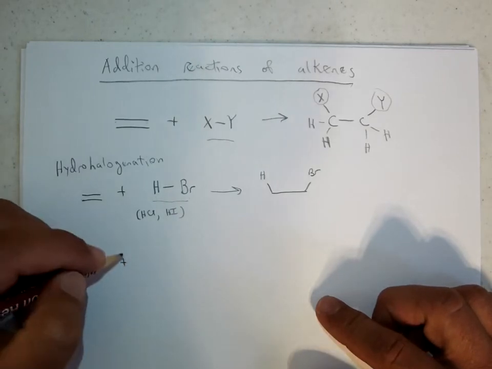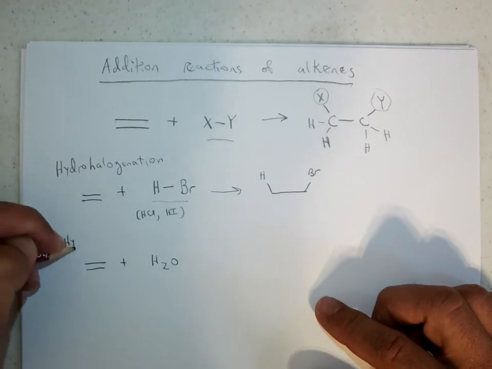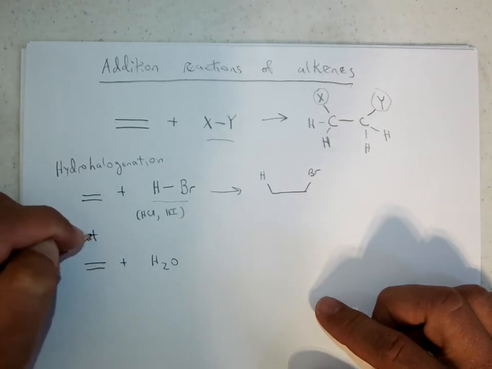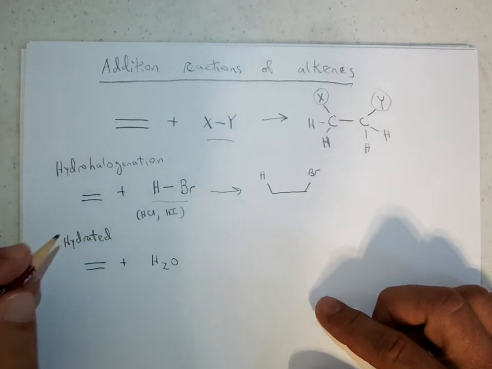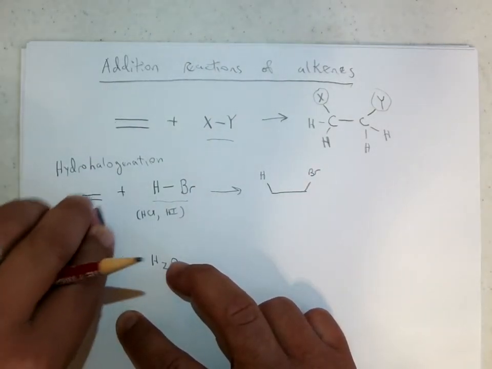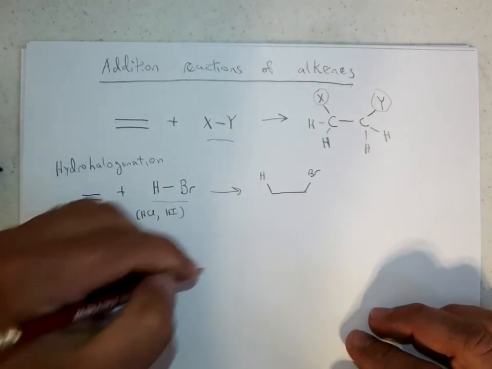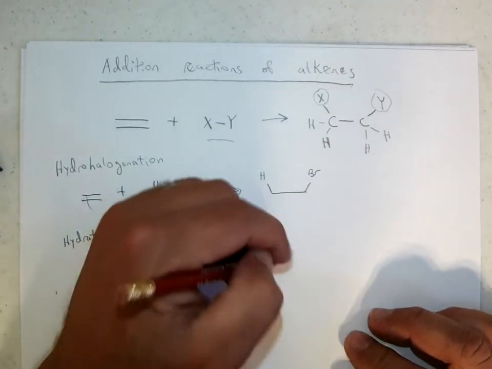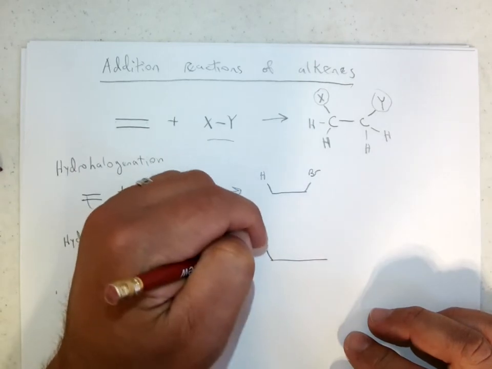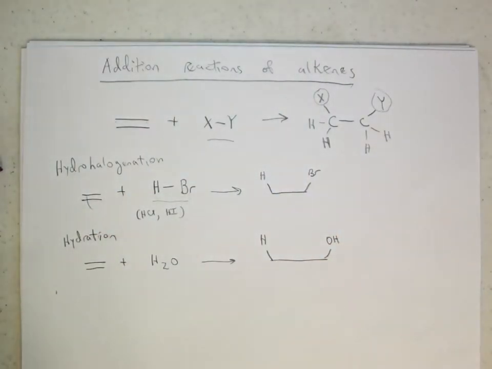Another one you can do is called the hydration, and if you're well hydrated, you've been drinking plenty of water. So if you have a hydration reaction, it adds water. And in this case, it'll add a hydrogen to one of the carbons and an OH to the other carbon, and then you get an alcohol.